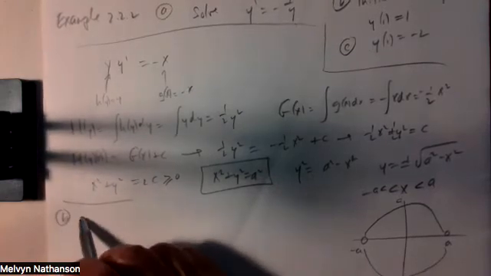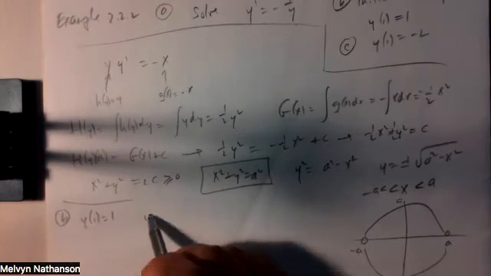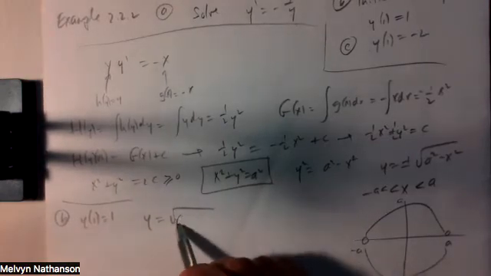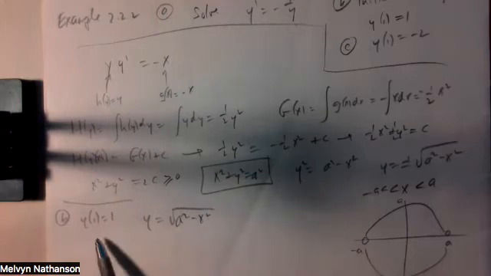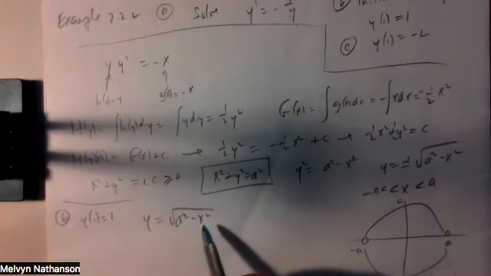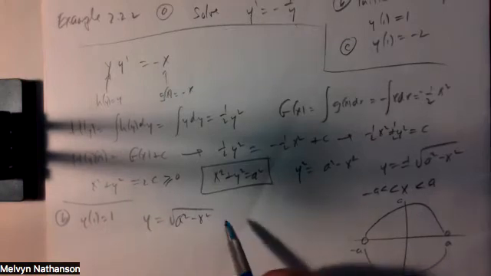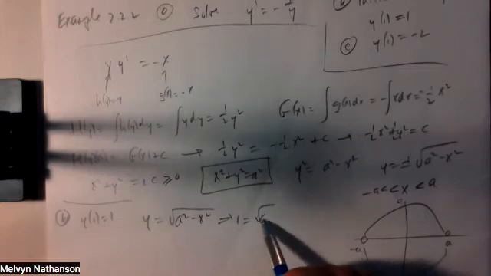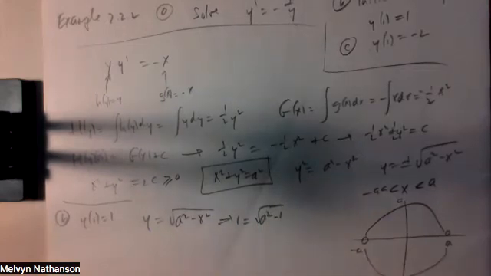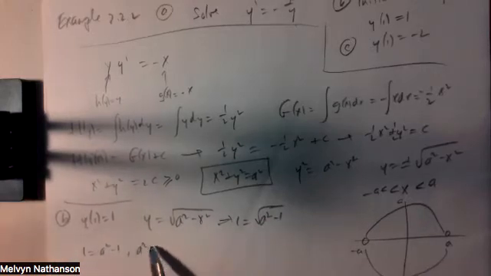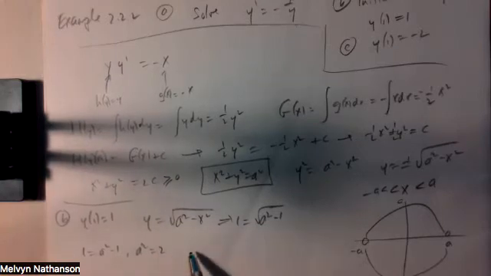So this is for part B. y of 1 equals 1. So we look for a solution y equals the square root of a squared minus x squared. And to say y of 1 equals 1 means when you let x equal 1, y is equal to 1. So 1 is the square root of a squared minus 1. That means that if you square both sides, 1 equals a squared minus 1, or a squared equals 2, or a is plus or minus the square root of 2.